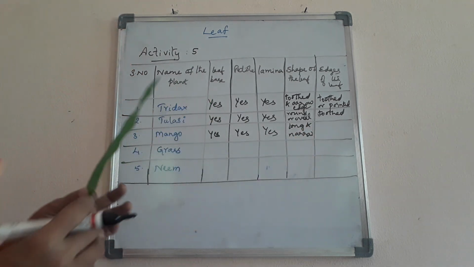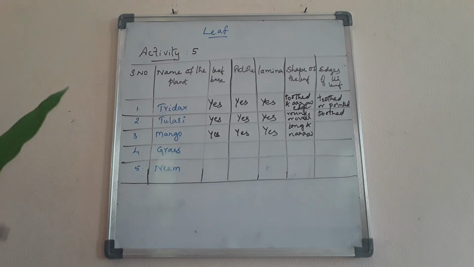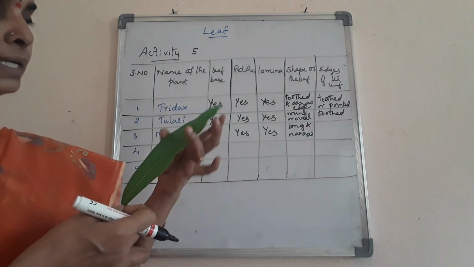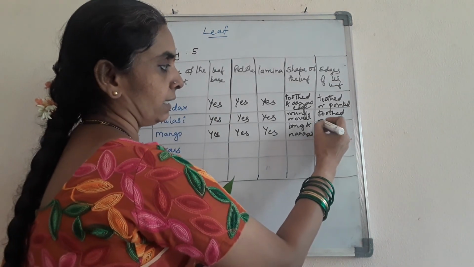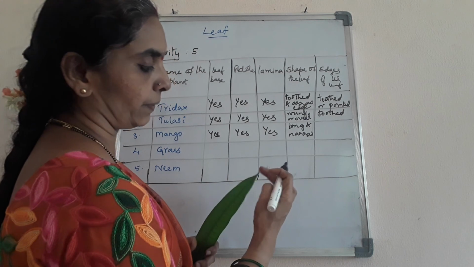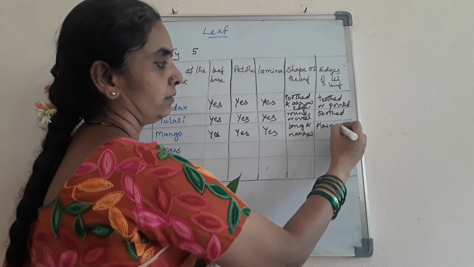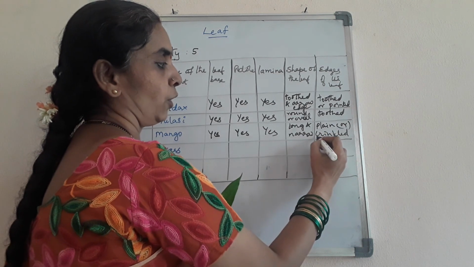Now again, see how its edges are. Sometimes you find the leaves of the mango with crinkled or plain edges. Plain or crinkled, with a pointed tip. Okay. Plain or crinkled. Pointed tip.